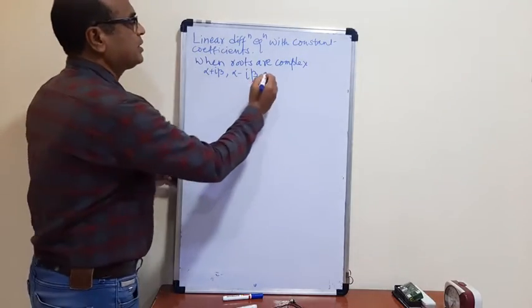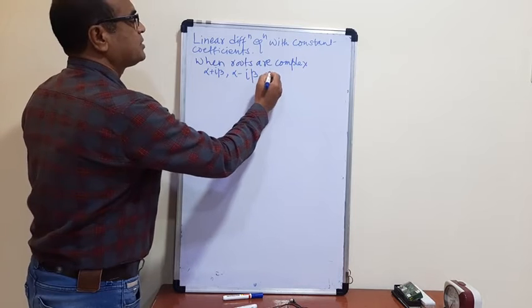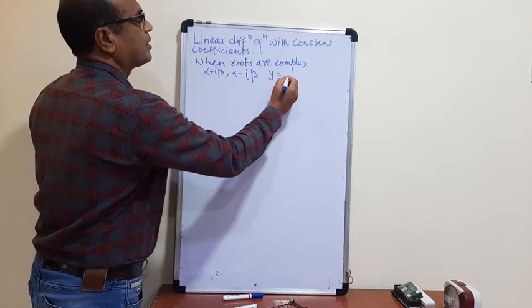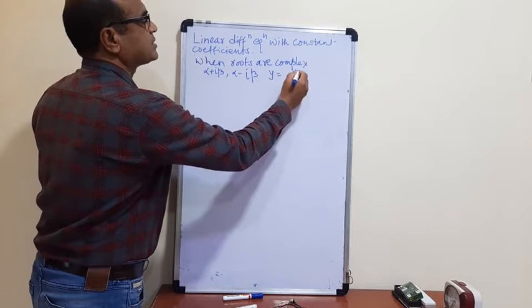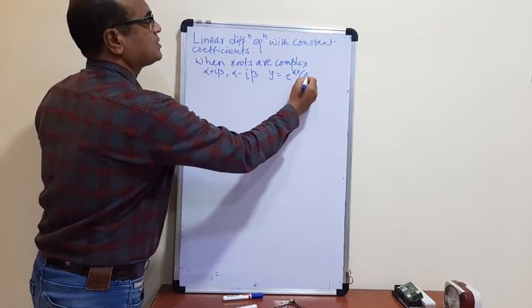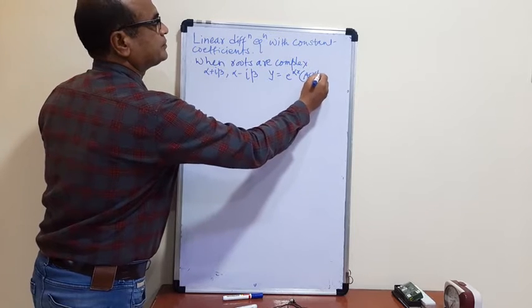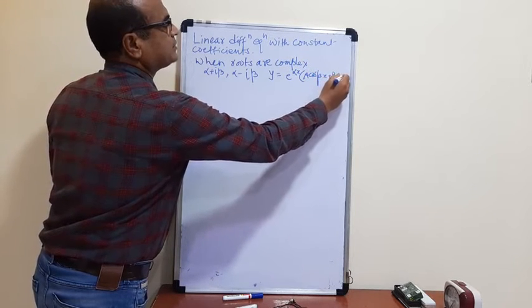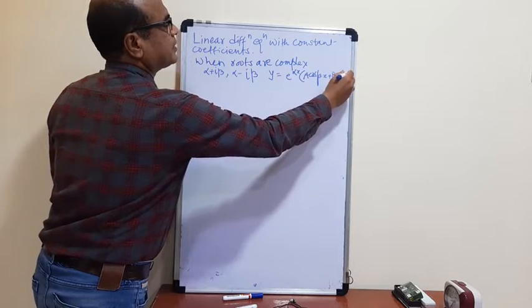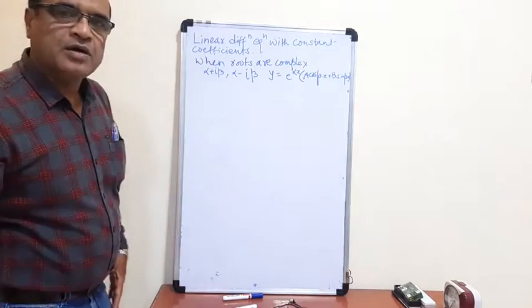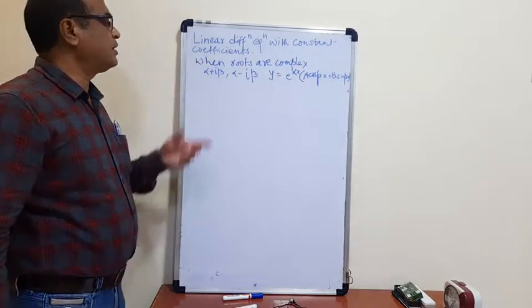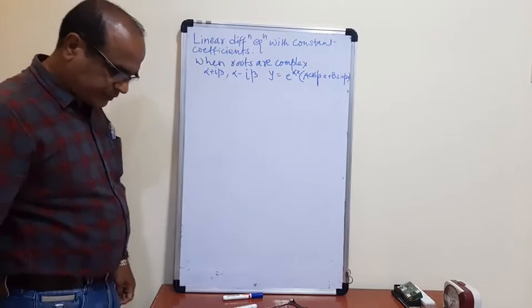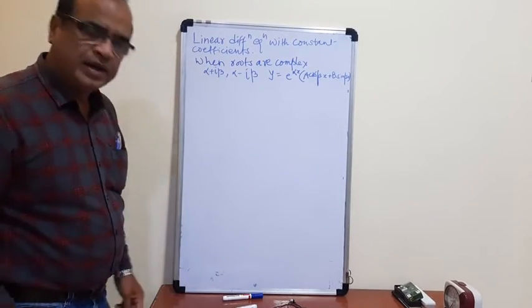Then what is the solution of the linear differential equation? y is equal to e raised to alpha x into c a cos beta x plus b sin beta x. So this is the solution of the differential equation when the roots are imaginary.